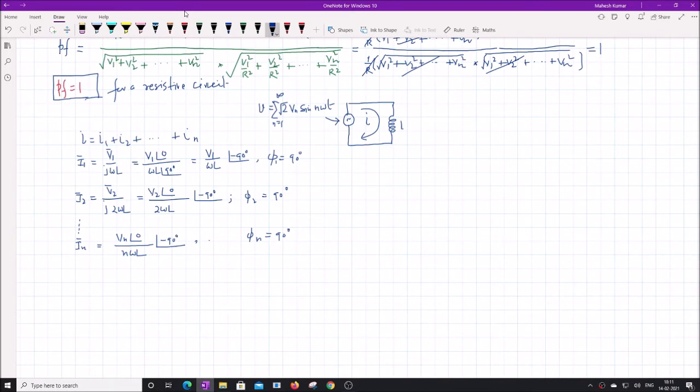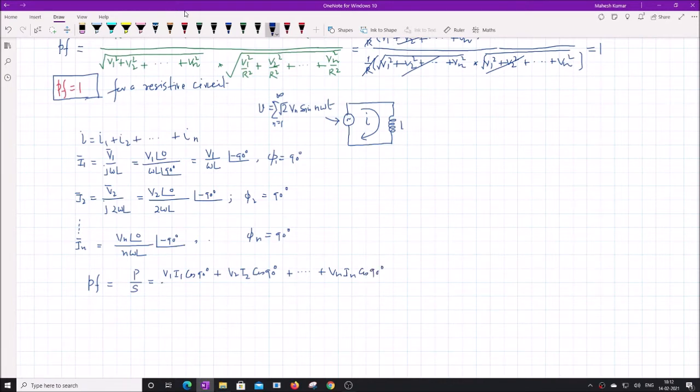And hence the power factor for this circuit becomes P/S, where P is V1 I1 cos phi 1, this is cos 90 degree, plus V2 I2 cos 90 degree, and this goes till the nth component Vn In cos 90 degree.